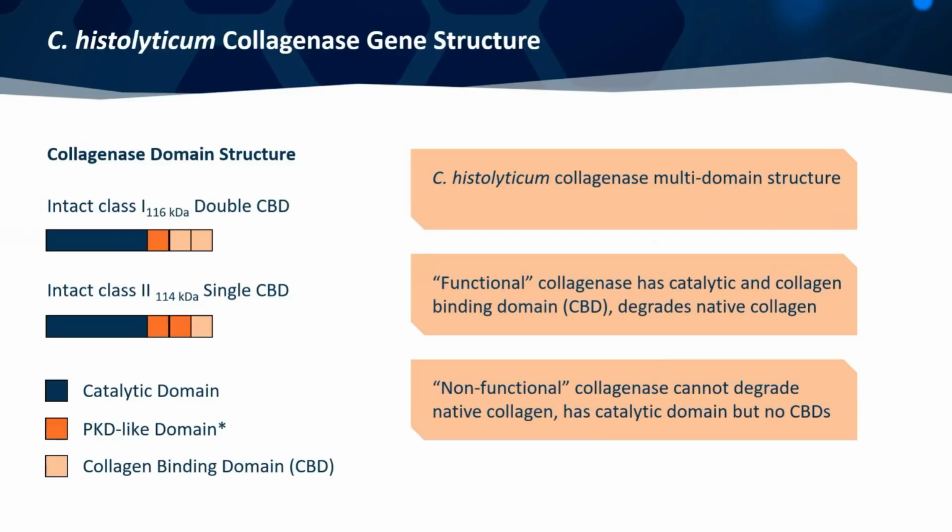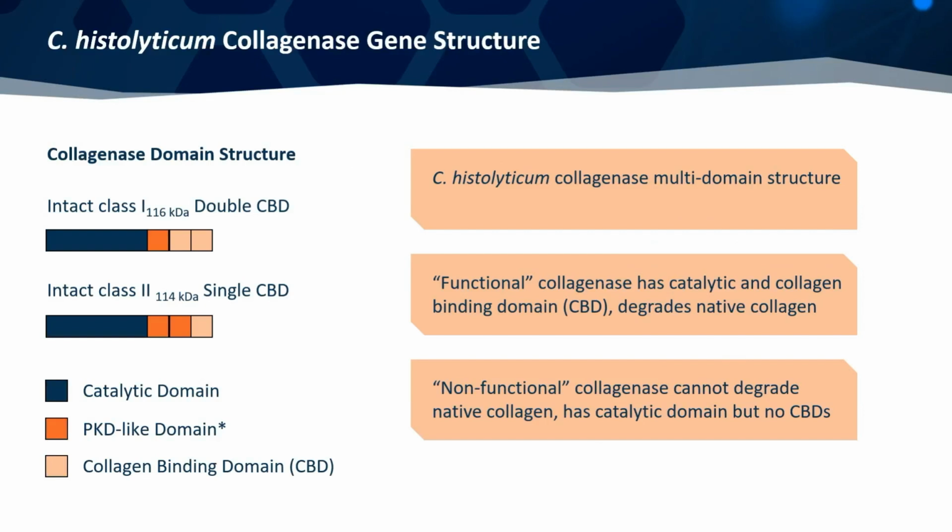They basically showed that there were three domains in collagenase: a catalytic domain, a PKD-like domain, which was initially called a linking domain, and a collagen binding domain. Note that newer knowledge has now split the catalytic domain into an activator and peptidase domain. So there's actually 5 protein domains in both of these enzymes.